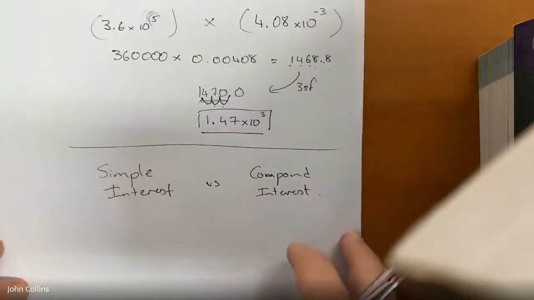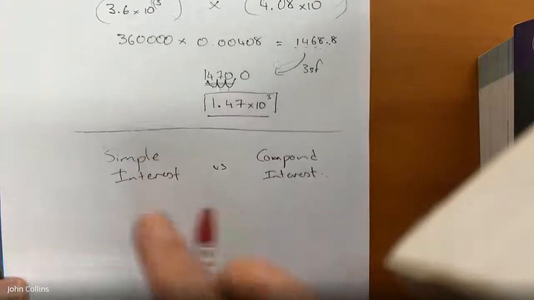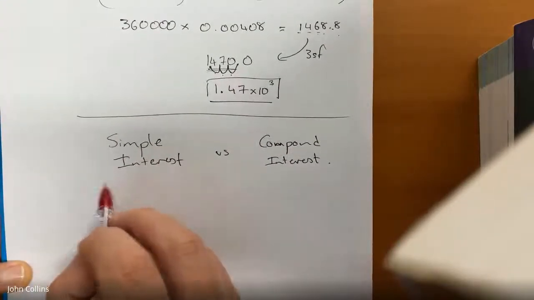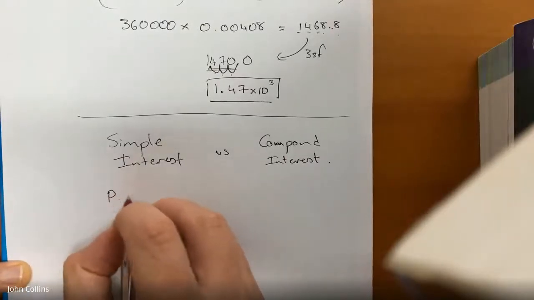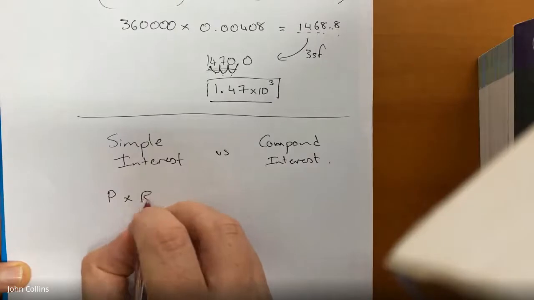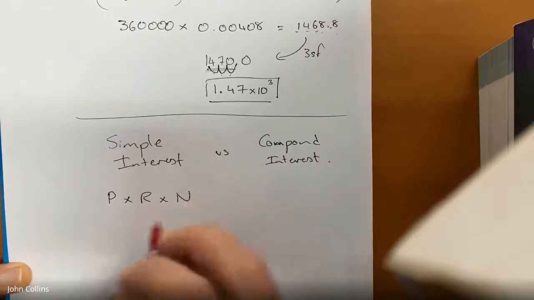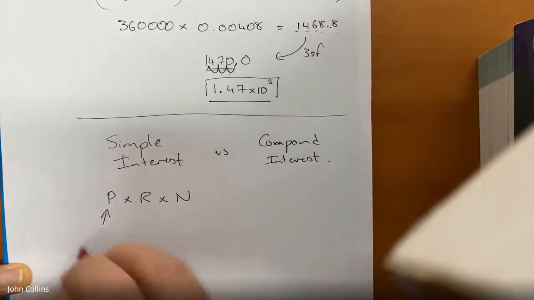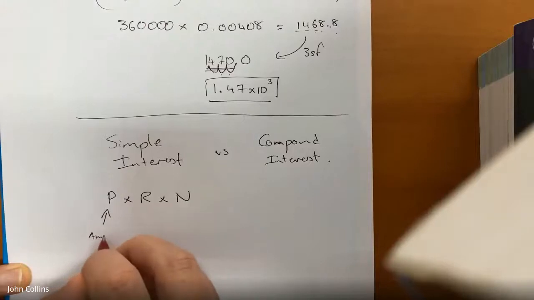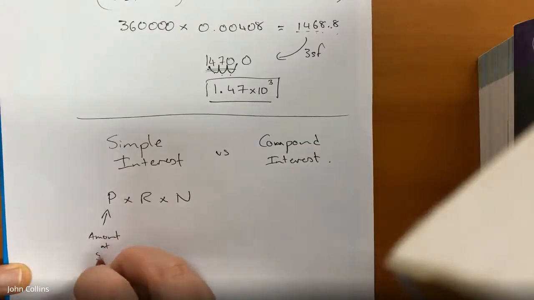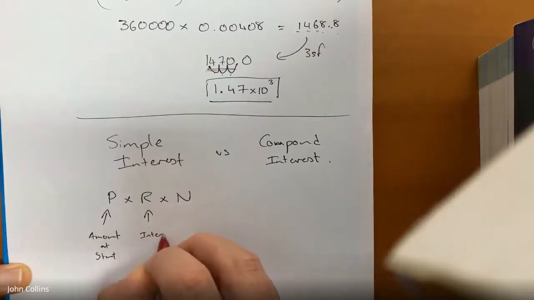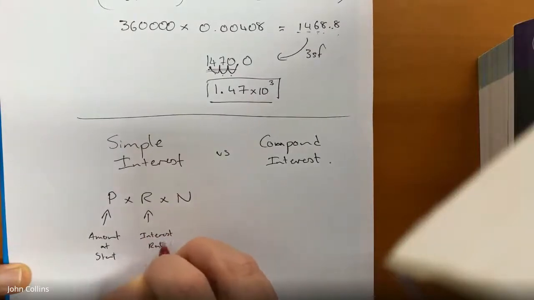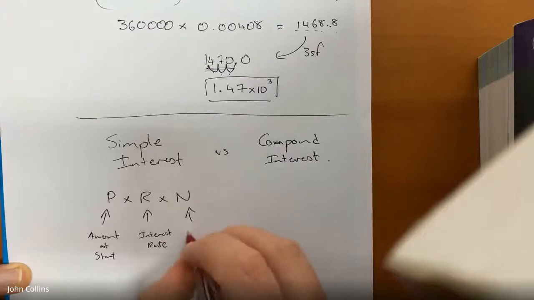So when you work out simple interest, it's just the principal, or the amount at the start, multiplied by the interest rate, multiplied by the number of years.